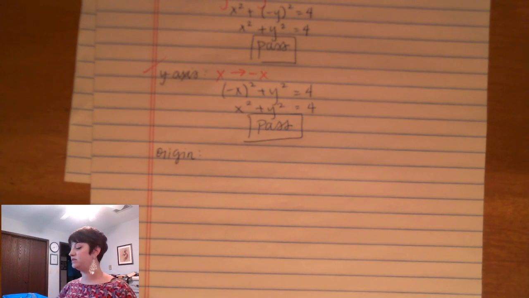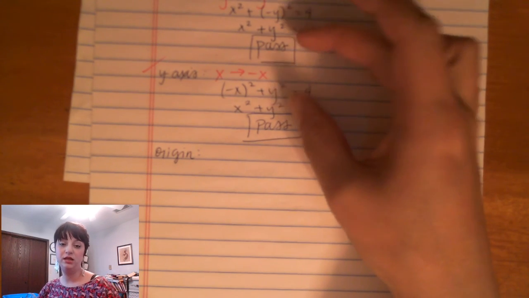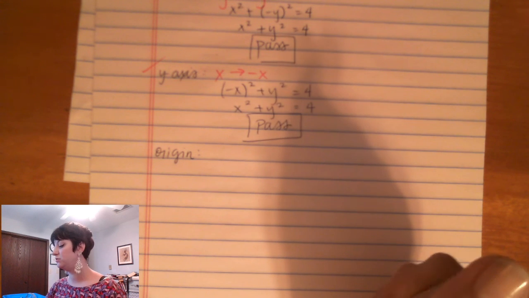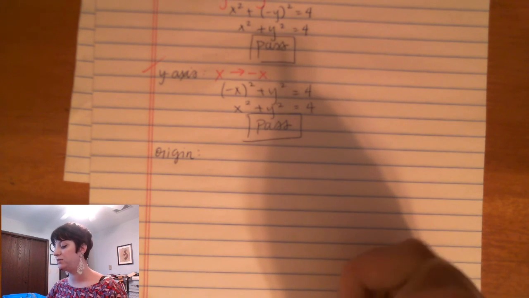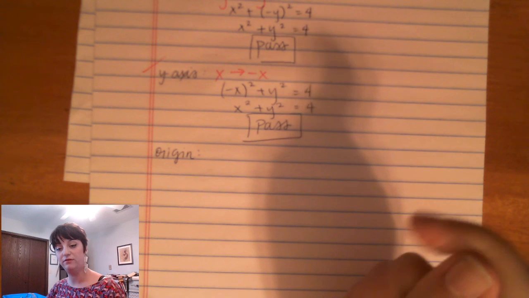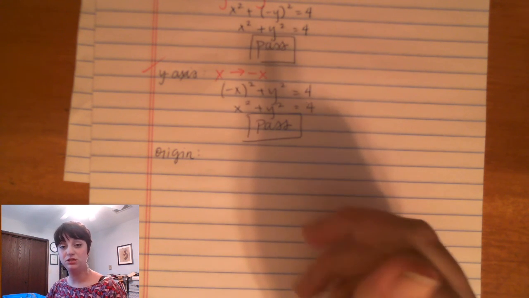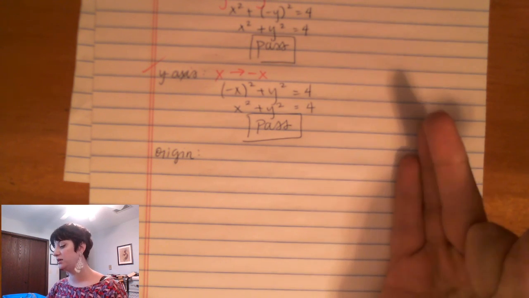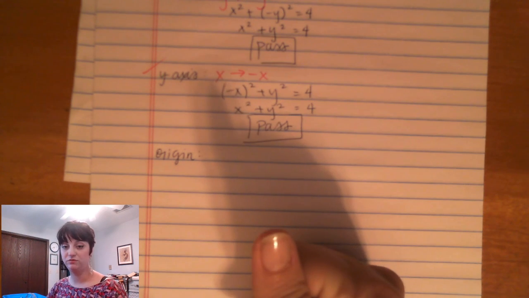Now both of these passed in such a way that I should have my origin symmetry. And if you have both x and y-axis symmetry, then you're going to have origin symmetry, because origin symmetry is just an x followed by y-axis reflection.